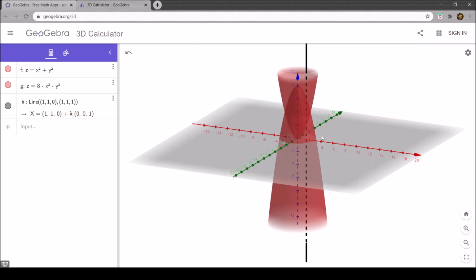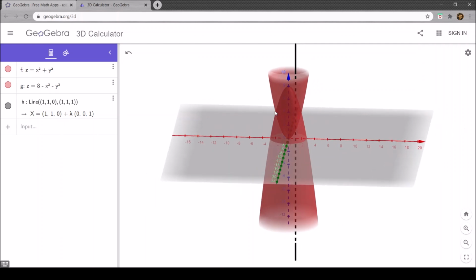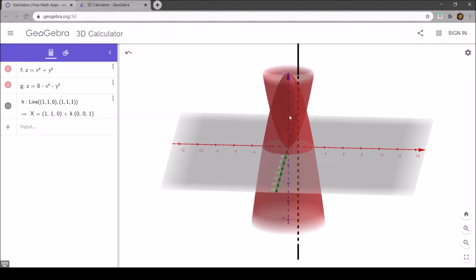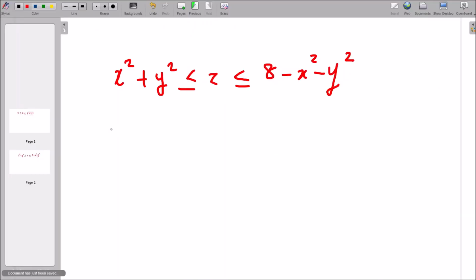Now we want to find the limits of x and y, right? So we have to do the projection. So if you see, this is the intersection part over here. Let me expand this. So when you project this downwards, that means I want to see what is the intersection of these two surfaces. And how do you find the intersection of these two surfaces? You simply equate them, right?